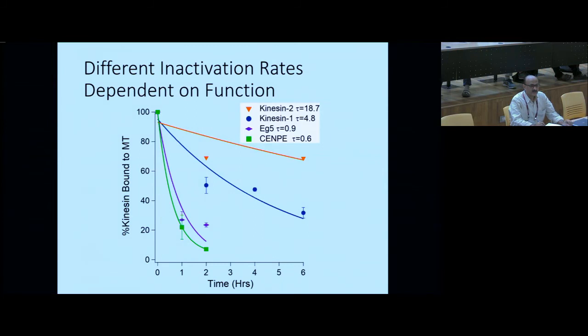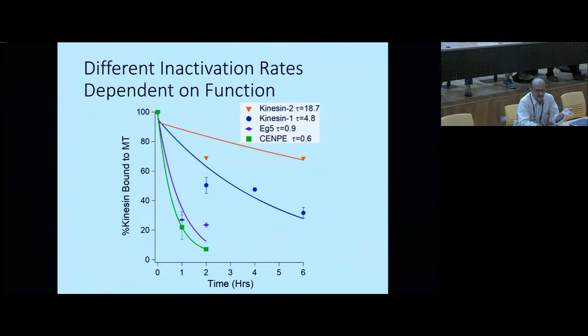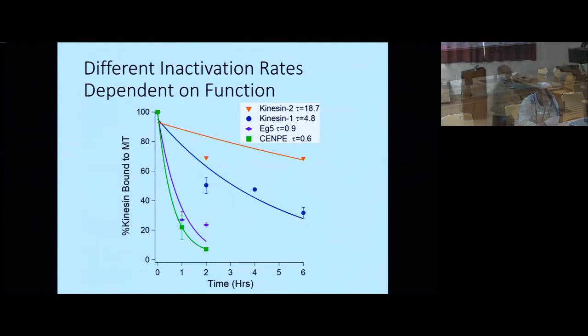In these cases, we first do an initial pull down and release step so that we're starting with all active motor. So at t equals 0, everything's active. Then we age, do it again, and quantify the percentage that's coming down.